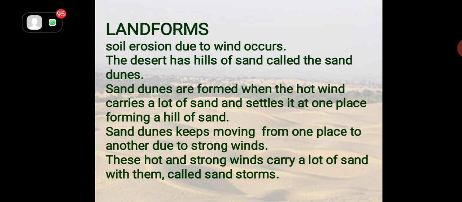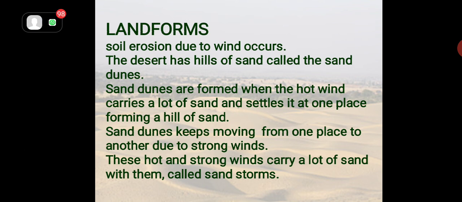Okay, children? That means soil erosion due to wind, high speed wind, occurs. The desert has hills of sand called sand dunes.